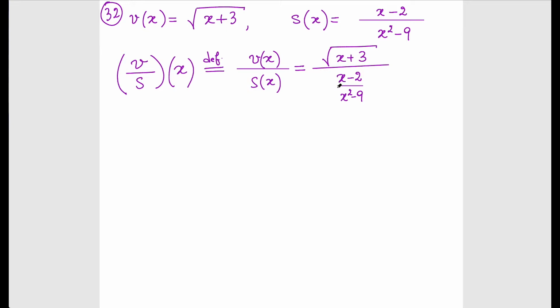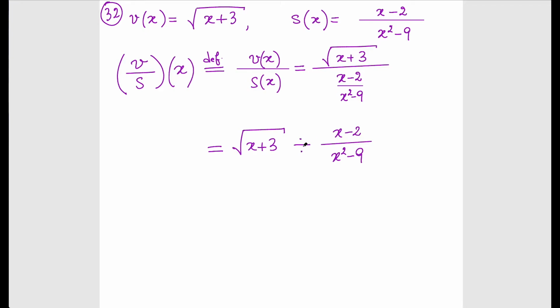Okay. Now, what does division mean? It means you're dividing the numerator, which we agreed on is square root of X plus 3, by this denominator, which happens to be a quotient too, X minus 2 over X squared minus 9, right? Correct? So one more time, I'm translating what this fraction bar is.